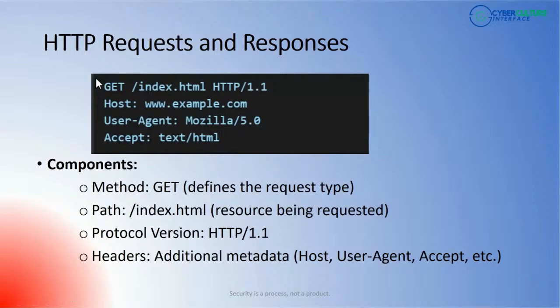So anytime you are looking at your logs and you see user agent, anything that follows it is talking about the browser, which is the application you are using to access the resource. Then the accept, that is what you are sending. Accept is the way in which it can be sent: the text version and the HTML. That is what is being accepted there.